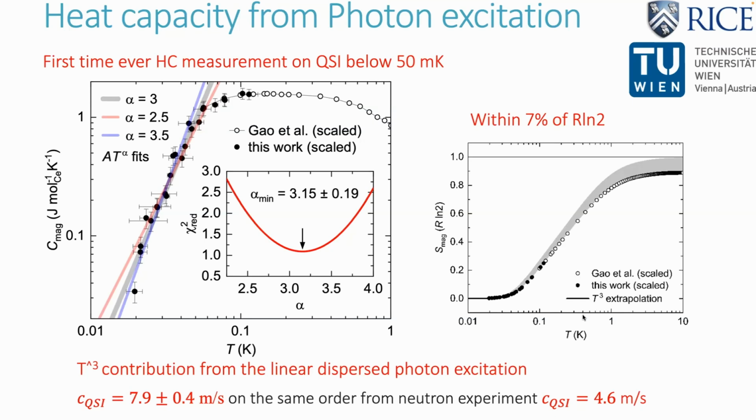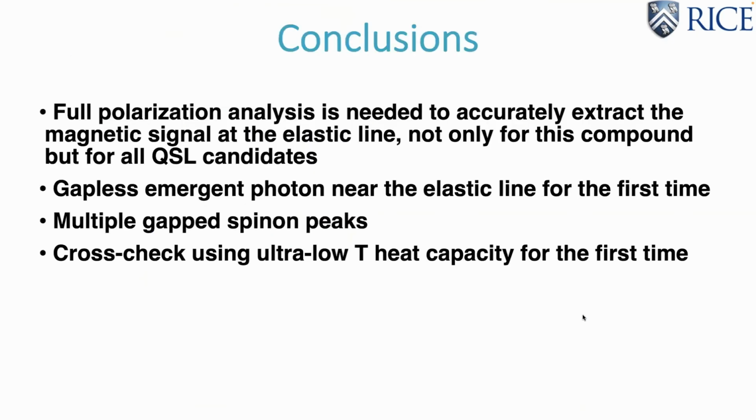And we also extracted the speed of light, which is close to 7.9, quite close to the speed of light we get from the neutron scattering. They are on the same order of magnitude. Okay, here are the conclusions. Thank you.